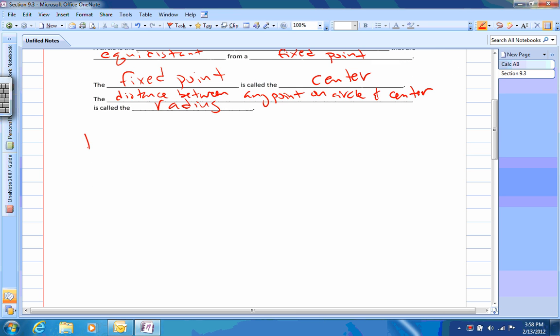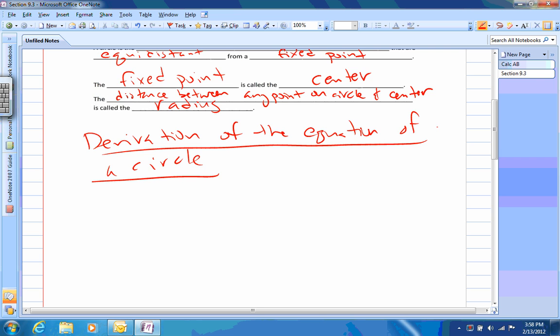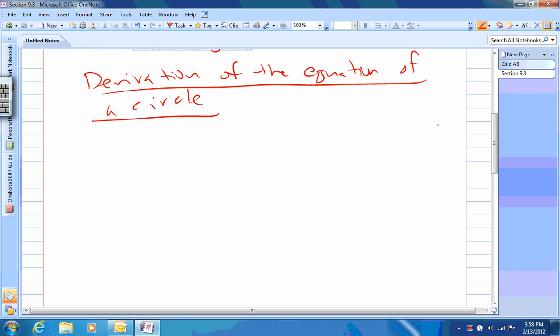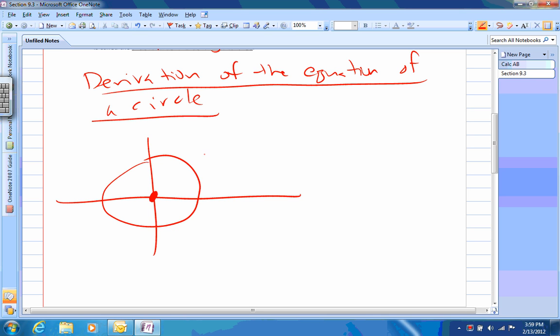What I'm actually going to do is let's do the derivation of the equation of a circle. So, okay, again, that wasn't a great circle, but say that's your center, which we'll call 0, 0.